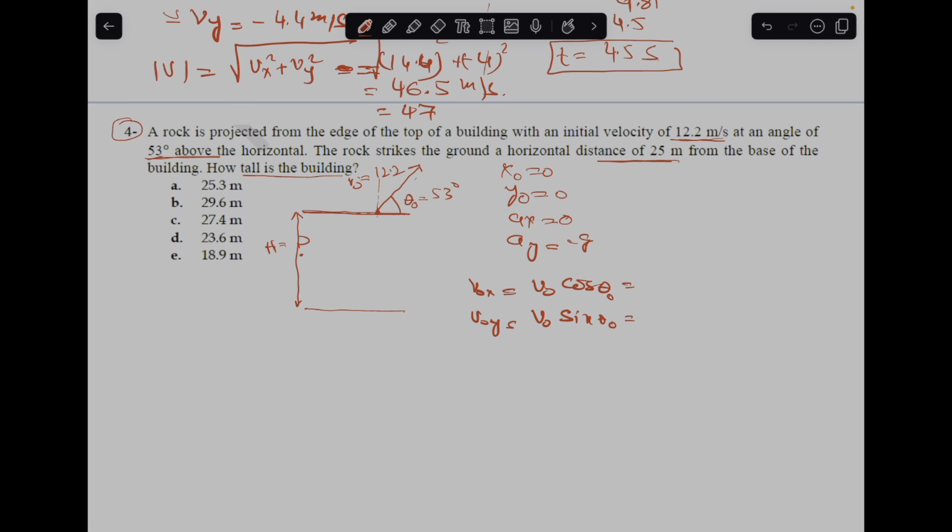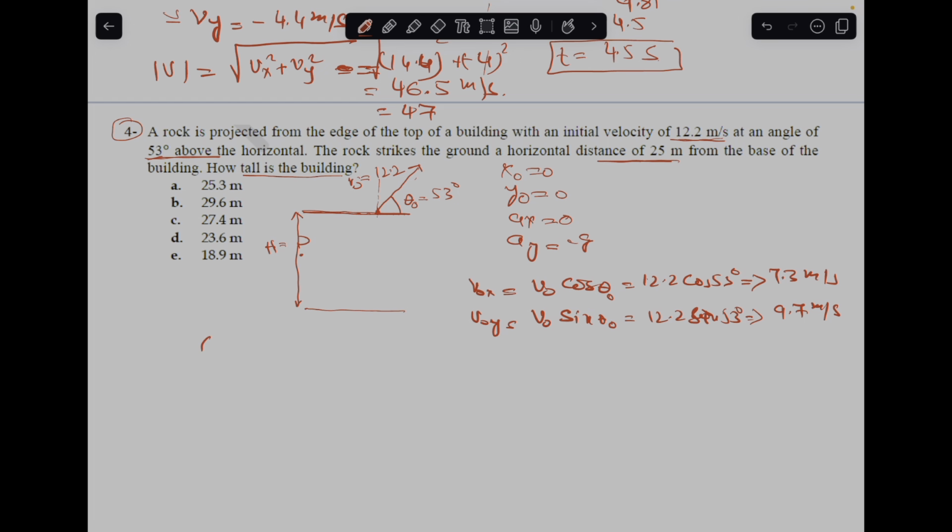So v naught of x is 12.2 cos 53 degrees, which is nothing but 7.3 meters per second, and v naught of y is 12.2 sine 53, which is 9.7 meters per second.